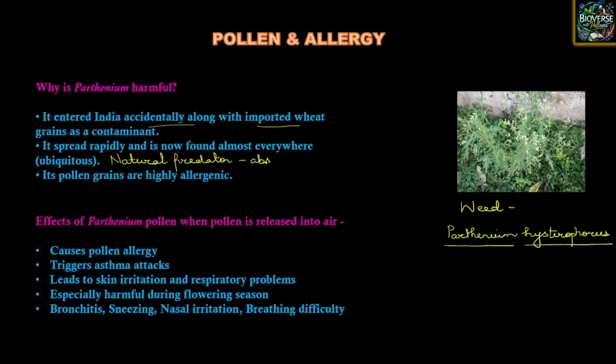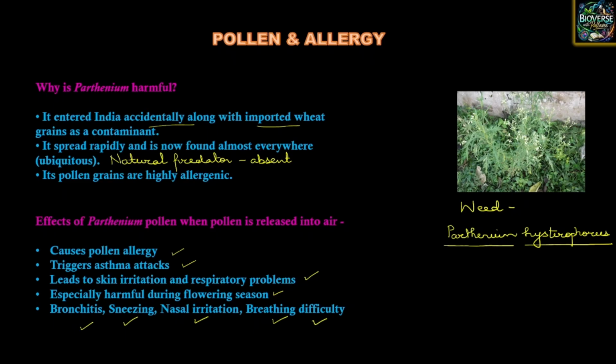Now its pollen grains are highly allergenic and they cause allergies in different kinds of individuals. So what is the effect of Parthenium pollen when pollen has been released into the air? Let us see. It causes pollen allergy, it triggers asthma attacks, leads to skin irritation and respiratory problems, especially during the flowering season, and may be a cause of bronchitis, sneezing, nasal irritation, and difficulty in breathing.